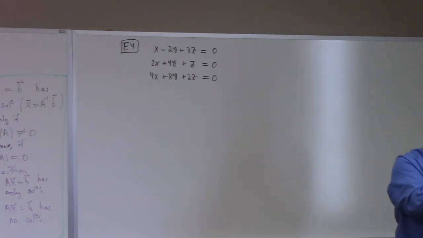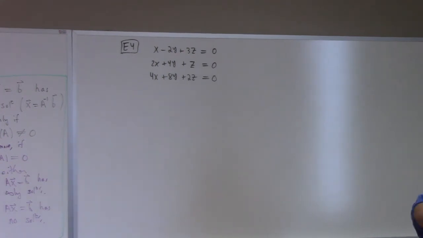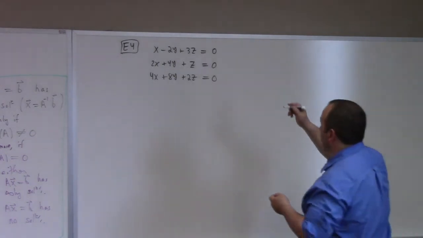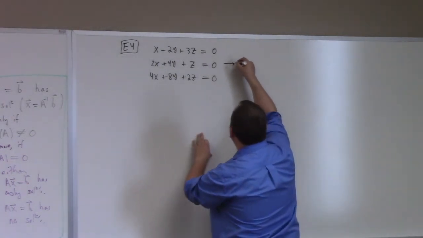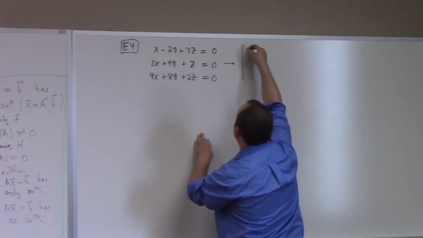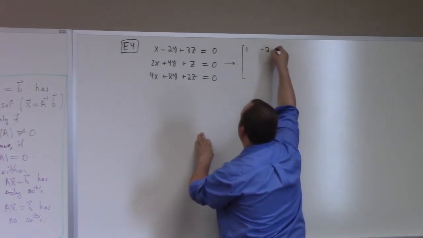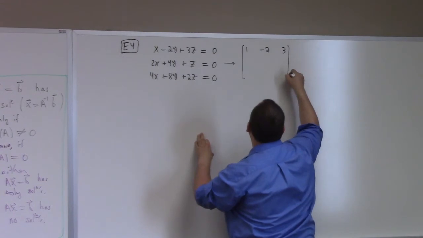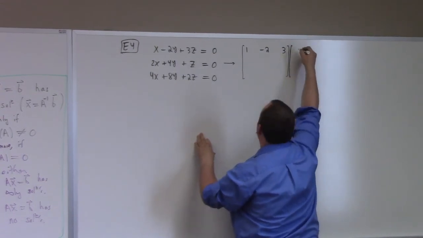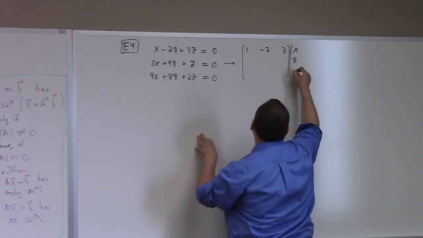How would you solve this system of 3 equations and 3 unknowns? First of all, if you believe the theorem, we can calculate the determinant of the matrix of coefficients and decide whether we should be looking for an infinite solution set or a unique solution, right? So let's do that right quick. What is the matrix of coefficients here? You're ordering the variables in the natural way, x, y, z.